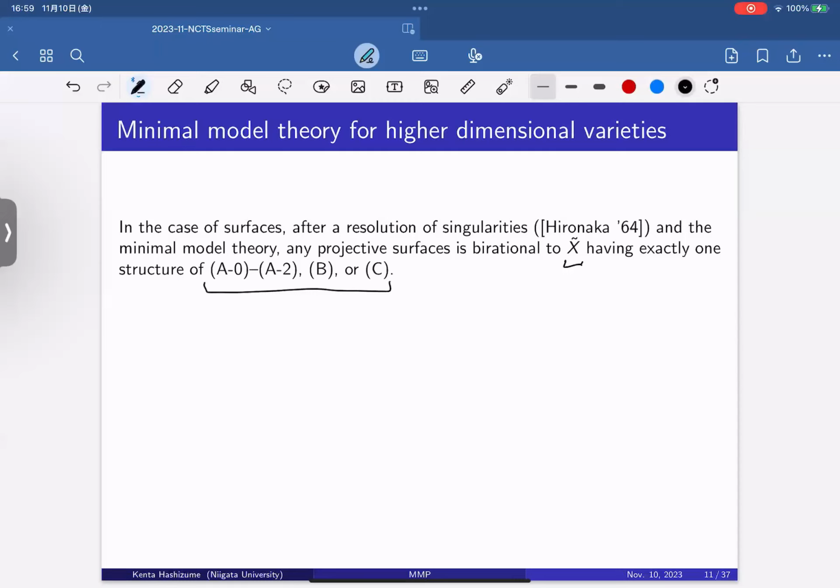And this is one of the good classifications in the birational equivalence class. So we want to generalize this result to higher dimensional varieties.